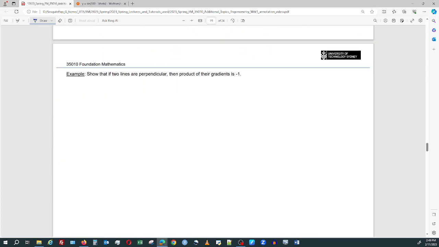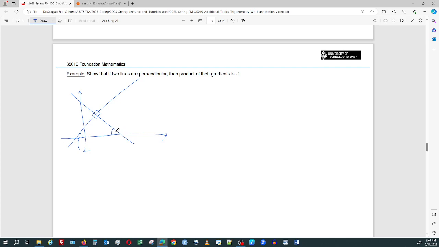Show that if two lines are perpendicular, then their product is -1. So I'll fit this in now, I think. So essentially what we've got are two lines, and they can be arbitrary in their nature. And we'll assume that they're at right angles. And then if we look at some angles here, we can see this would be alpha.